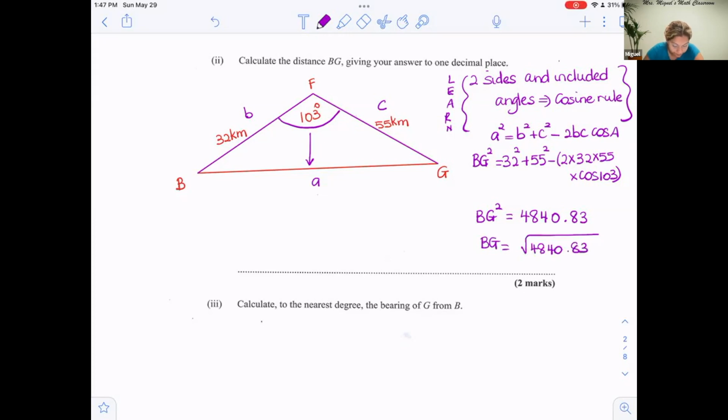Work it out. BG is 69.58 kilometers. If you have 69.9, I will take that.